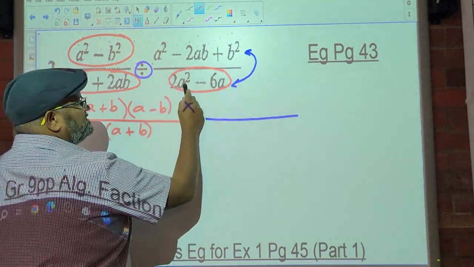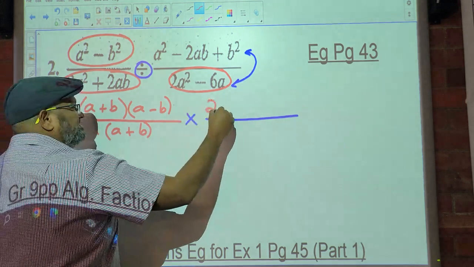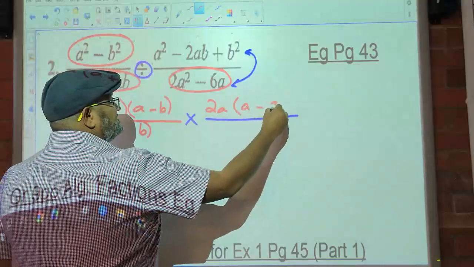So out of 2a squared minus 6a, whatever factorization can be done there? Common factor of 2a. So take out 2a as a common factor. What are we left with? a minus 3.